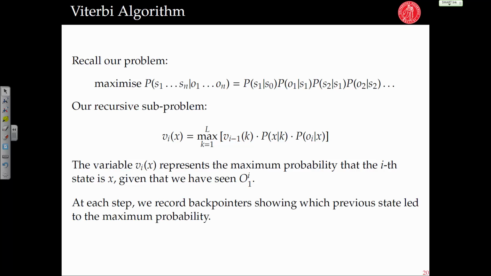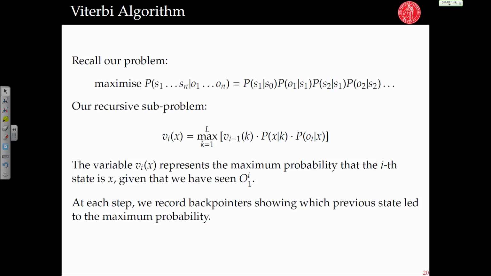Now, when we reach the end state, the pseudo state, what this computation gives us is a probability, a value. But if you remember, as I said, we are interested in the sequence itself that maximizes P of S given O. We want to know the path that we followed in order to reach this maximum value.